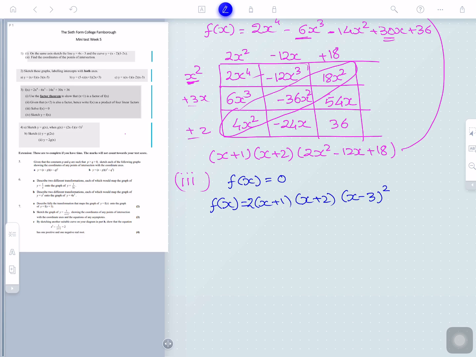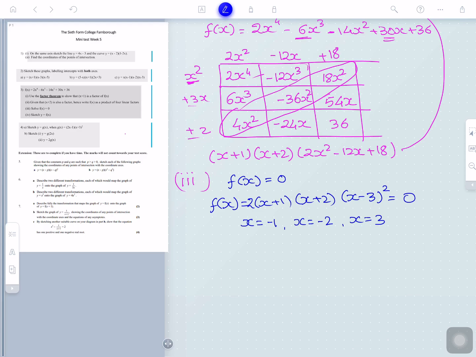So when f of x equals 0, that means all that equals 0. So you can have x equals minus 1, x equals minus 2, or x equals 3. That's the answer for part 3.